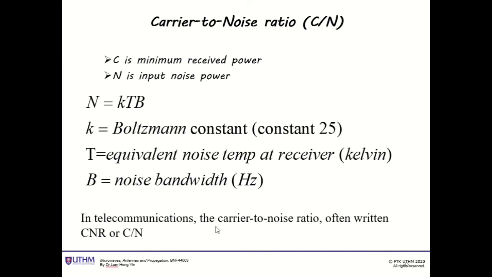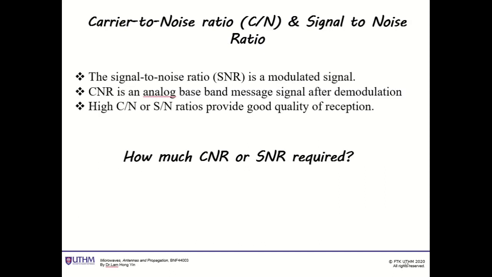So in telecommunication, the carrier to noise ratio is often written as CNR or C over N. These two abbreviations or terms are the same, CNR or C over N. You shouldn't get confused about CNR or SNR, carrier to noise ratio and signal to noise ratio.